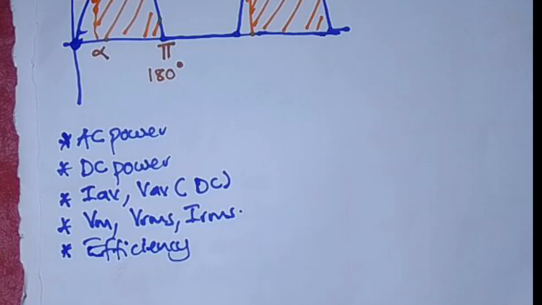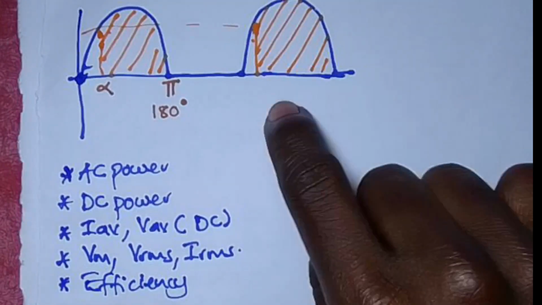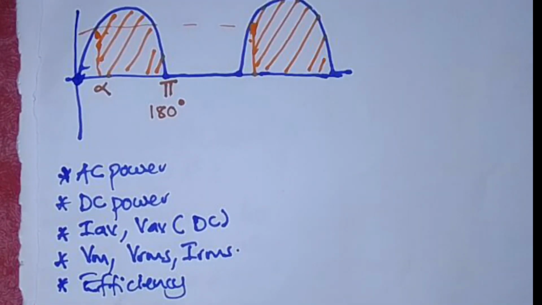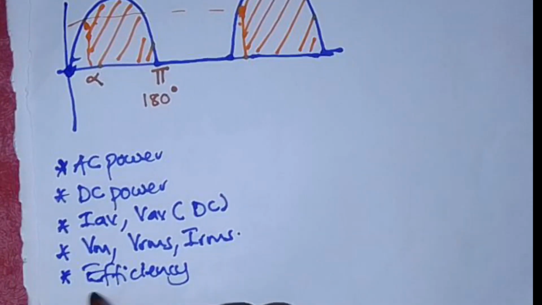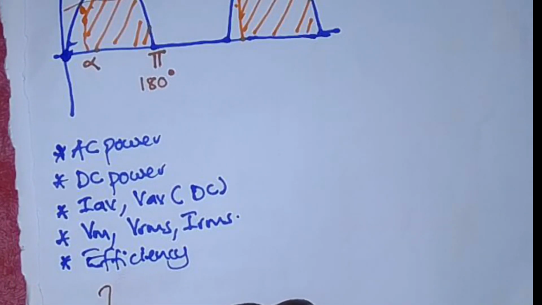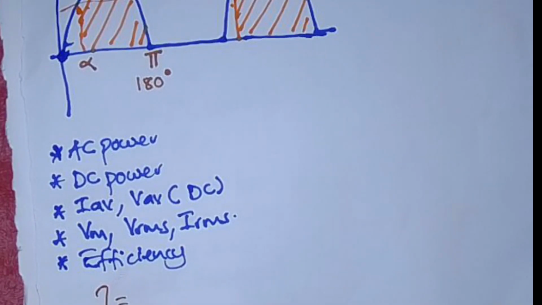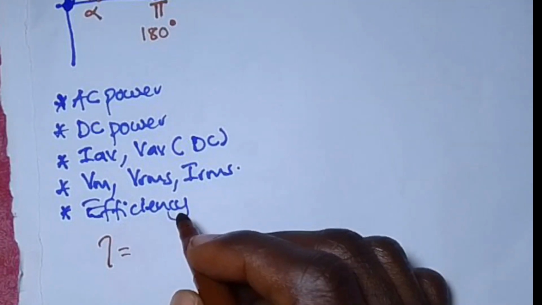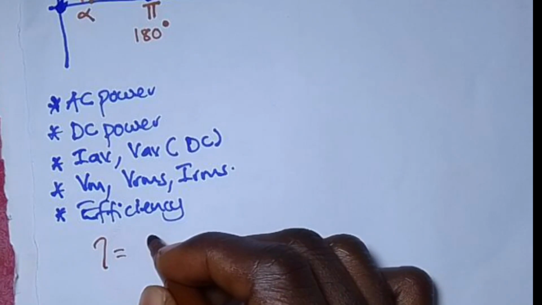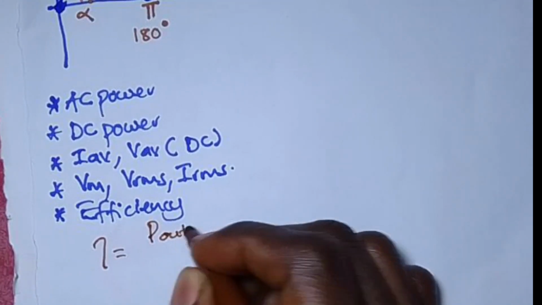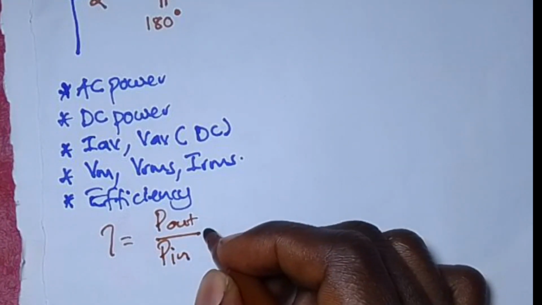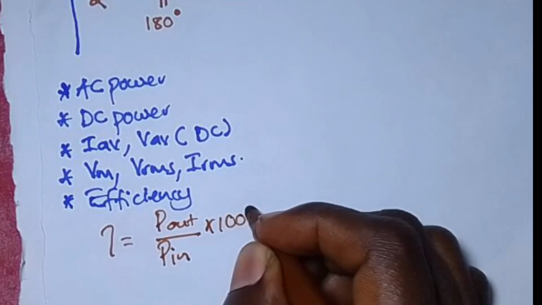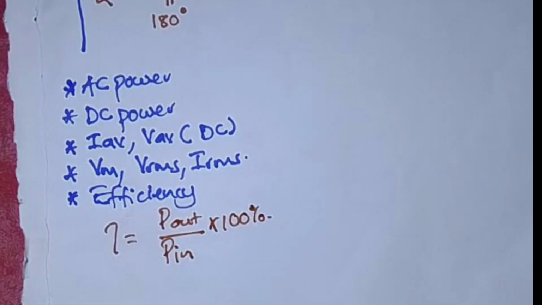These derivations cannot be calculated until you have knowledge of how to find the average values of the current and voltage. So for us to calculate the efficiency, we know that the efficiency is the ratio of the output to input. So efficiency is the ratio of P out over P in, expressed as a percentage, which means multiplied by 100%.